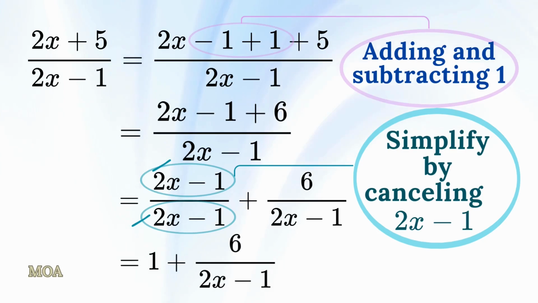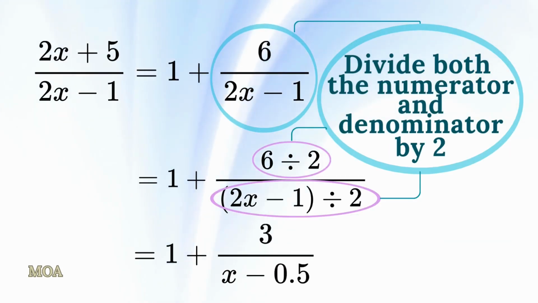Now we split the fraction into two parts. 1 plus 6 divided by (2x - 1). So the entire base becomes 1 plus the fraction 6 over (2x - 1). Now let's look at the fraction 6 over (2x - 1).